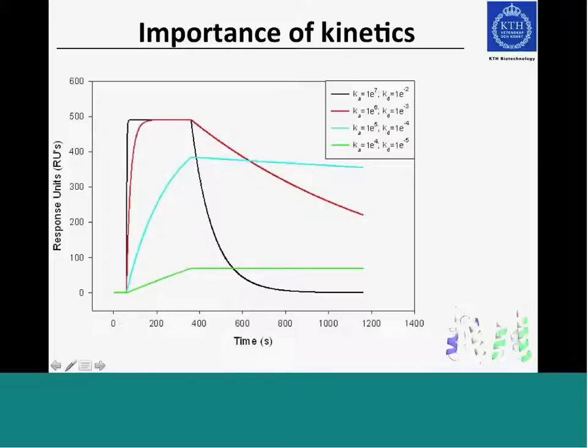For example, a sleeping pill, which should hit quickly, but the effect should not stay for too long. Whereas the others, where you have a binding that isn't as quick, but the effect lasts for a longer time, maybe, for example, a painkiller. So kinetics is an important part of all interactions, and you should perhaps be a bit careful about only talking about the equilibrium constant.